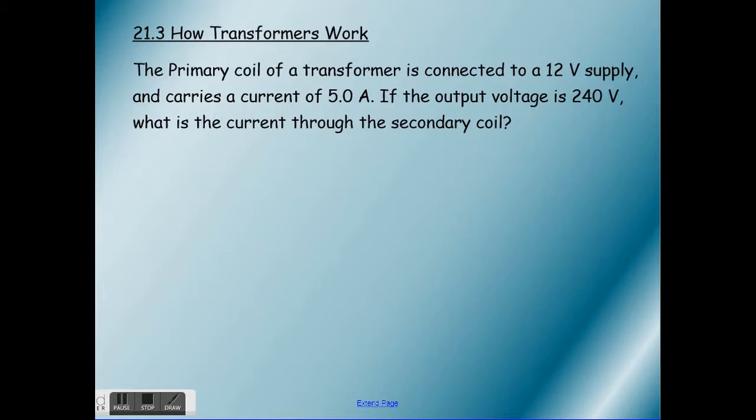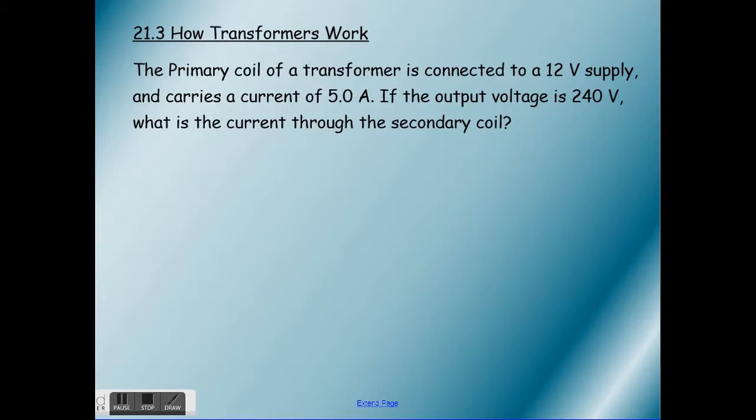But we're using the formula that was on the last page: VP times IP equals IS times VS. So you do 240 divided by 60. Is it 4? I got 0.25 for that. Yes.